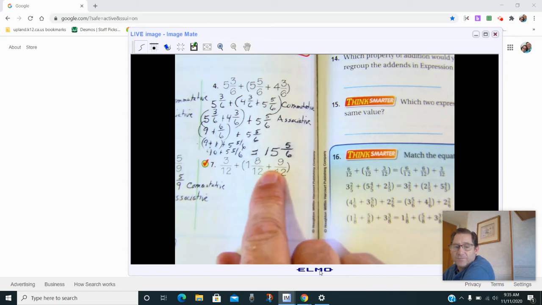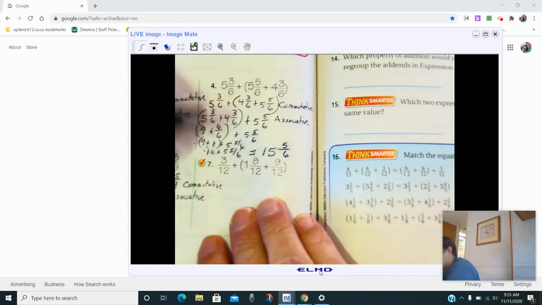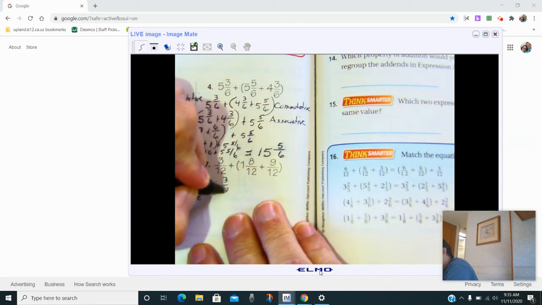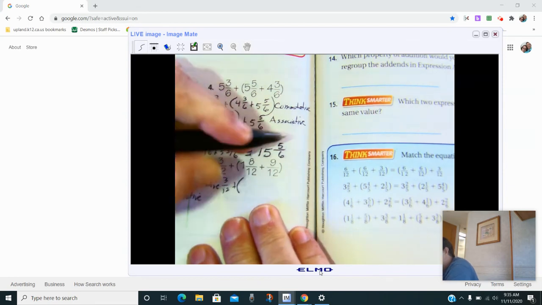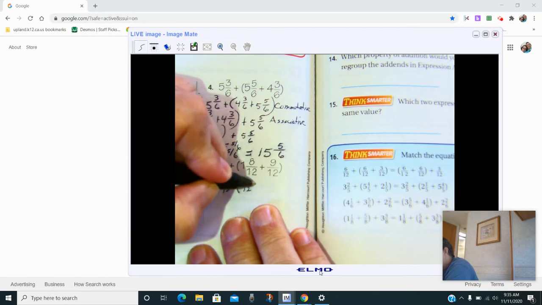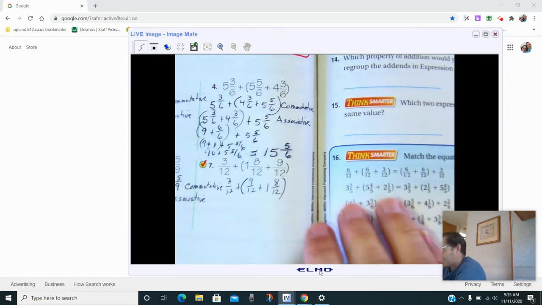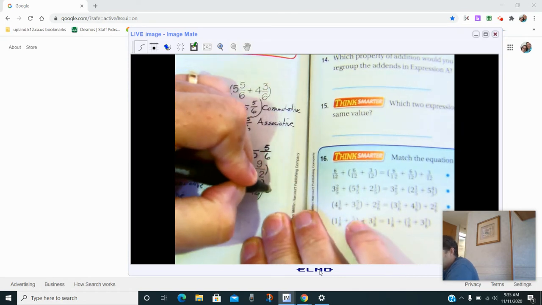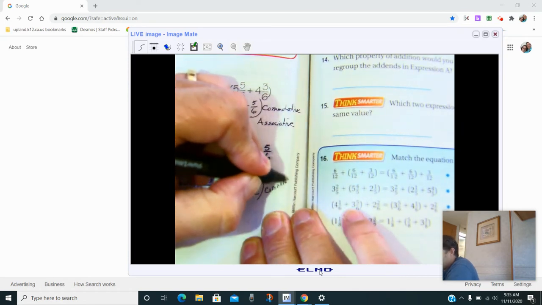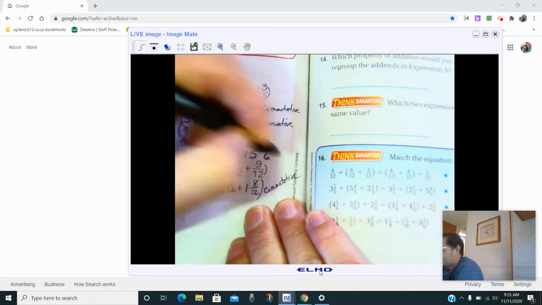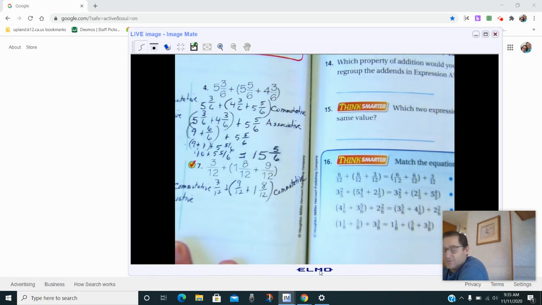We can move it, right? We can change the order of these two addends. Let's do that. So we're going to have 3/12 plus the sum of 9/12 plus 1 and 8/12. Again, that's the commutative property that allows us to do that.